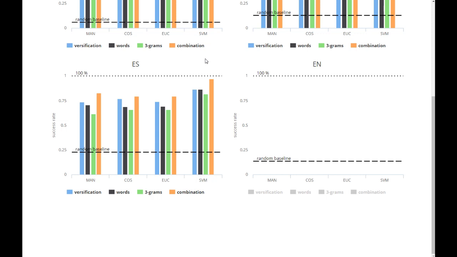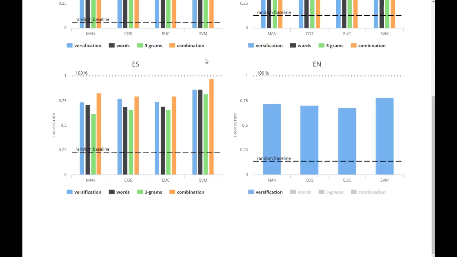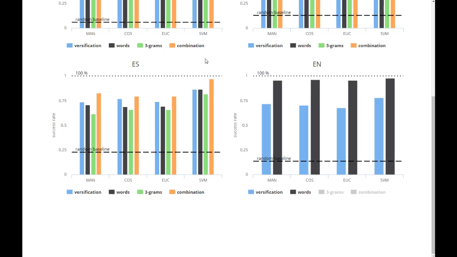Finally, for English, this is the result for versification. Once again, not bad at all. It's far above the random baseline. It means that it gives some information. These are the values for words, which are really hard to beat.